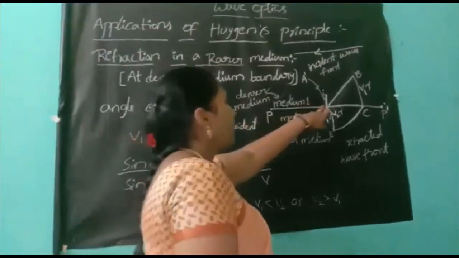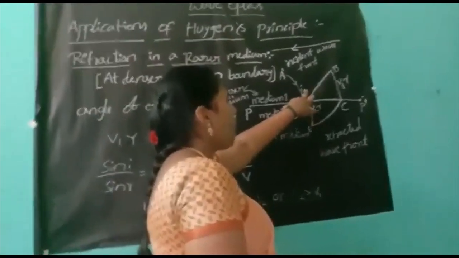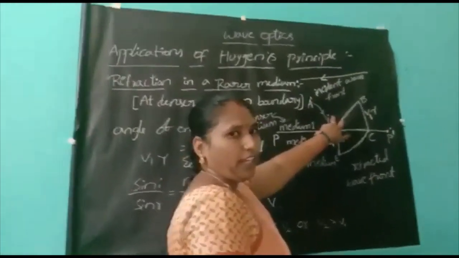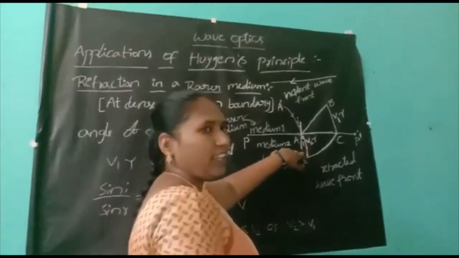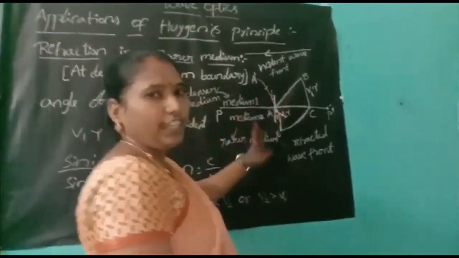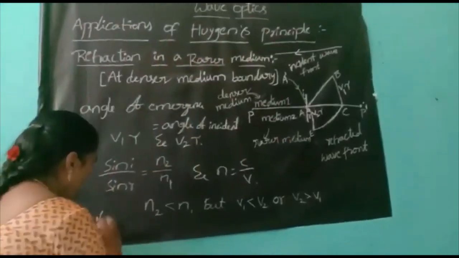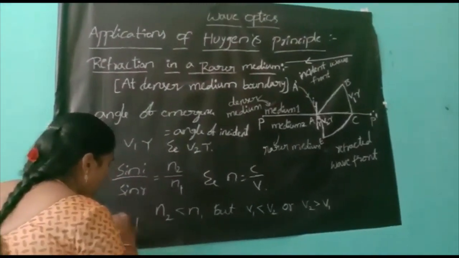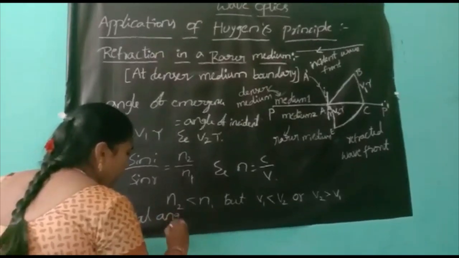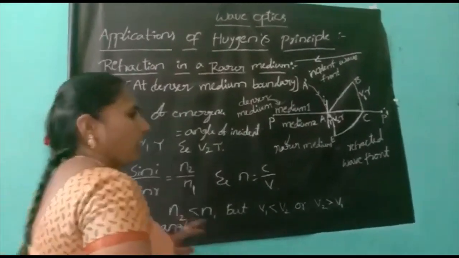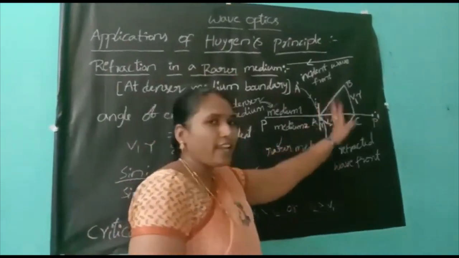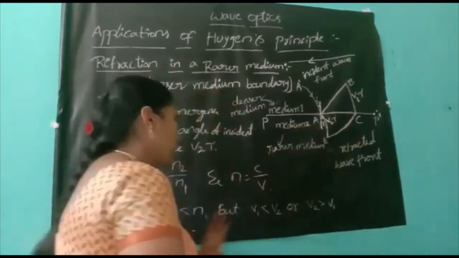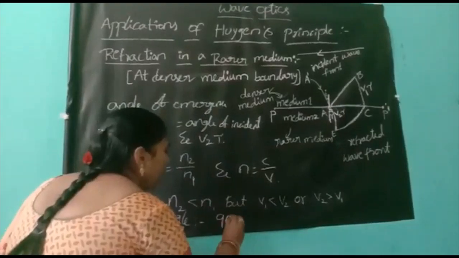For the refracted ray that comes out of the denser medium, there is an angle called the critical angle. Critical angle means the angle of incidence for which the angle of refraction becomes 90 degrees.